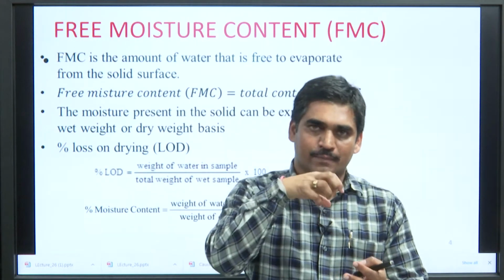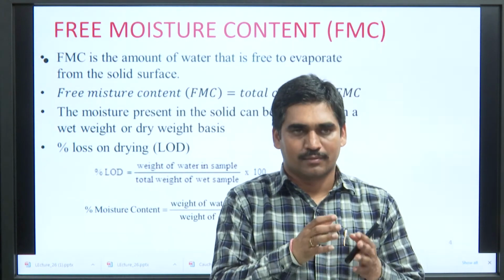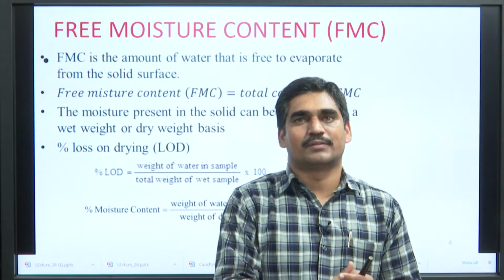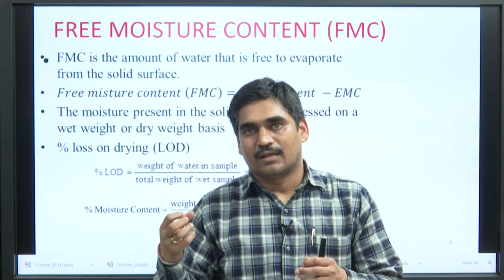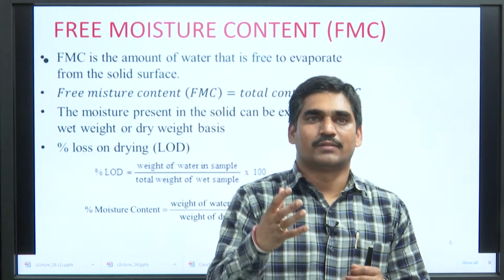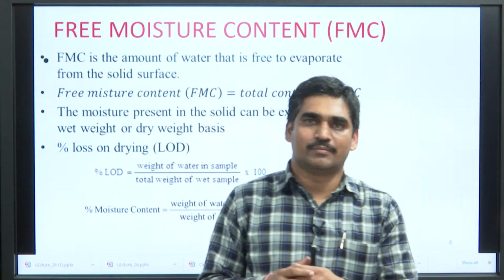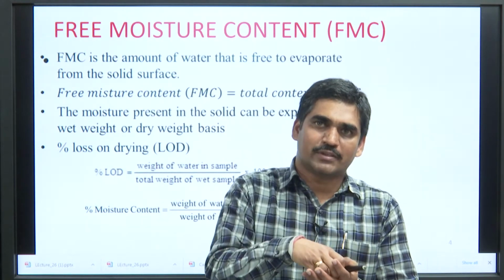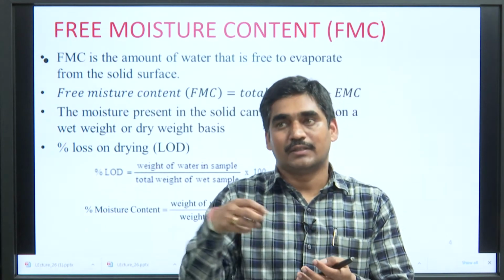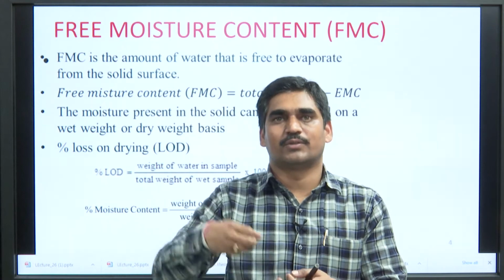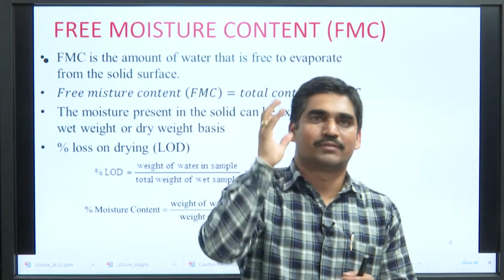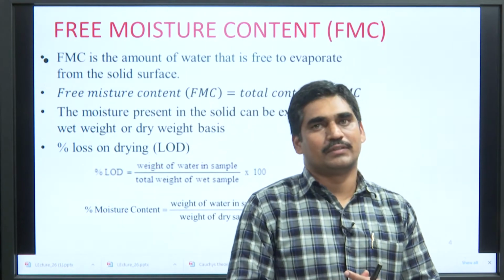That means the amount of moisture present initially in that solid substance, and after removing the moisture, until the achievement of EMC. जब टोटल मॉइस्चर कितना था उससे हम EMC अचीव होने तक कितना मॉइस्चर रिमूव हुआ, दैट मॉइस्चर इज कॉल्ड एज फ्री मॉइस्चर कंटेंट.